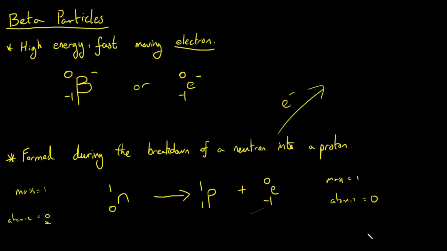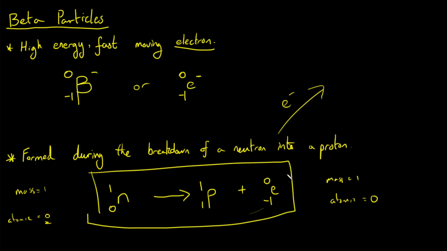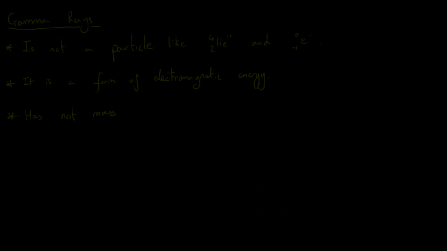And so now the atomic number is 0, and this equation just shows the formation of specifically what we're interested in, beta particle radiation. It's this high energy, fast moving electron that is important to us. Now, as I said, don't worry too much about that mass number, atomic number part just now. If you get it, perfect. If you don't, we're going to do a lot more of it in the next video.